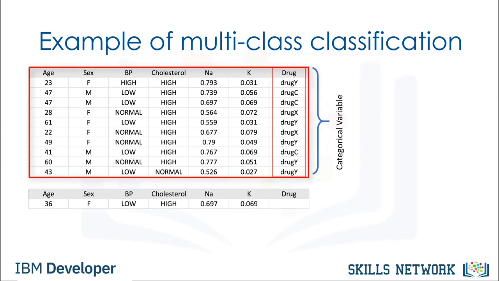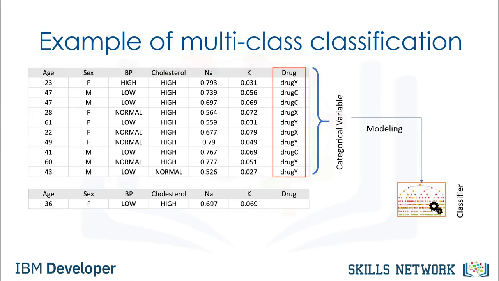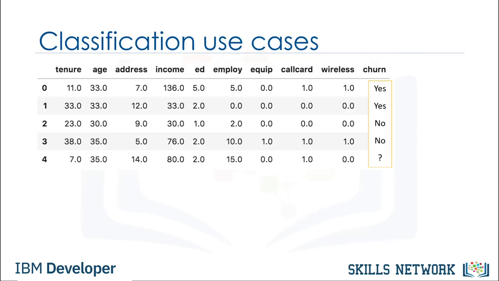During their course of treatment, each patient responded to one of three medications. You can use this labeled data set with a classification algorithm to build a classification model. Then you can use it to find out which drug might be appropriate for a future patient with the same illness. As you can see, it is a sample of multi-class classification.